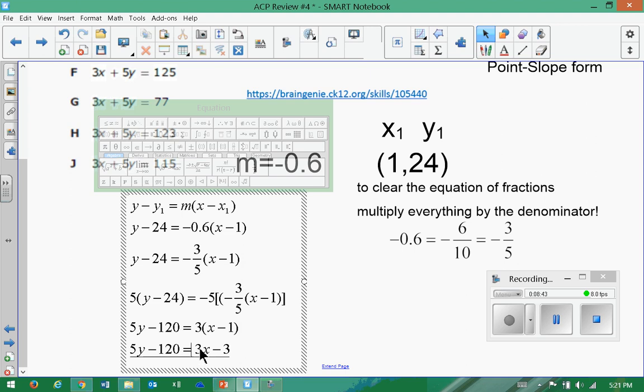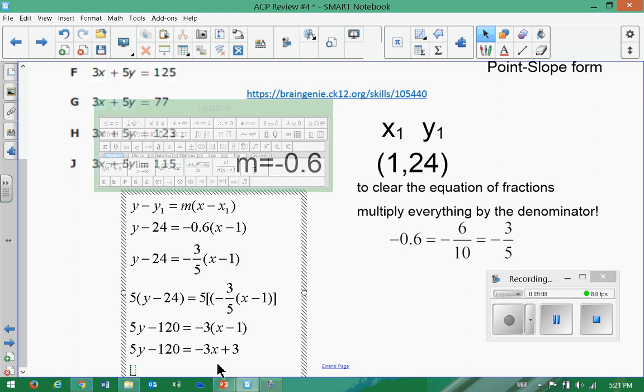If I'd done that, then that would have given me a negative 3x here, and that gives me a positive 3 here. Okay, so let's fix that error. Okay, that's better. Now we're good. All right, so it even happens to math teachers. Okay, so let's continue to simplify.